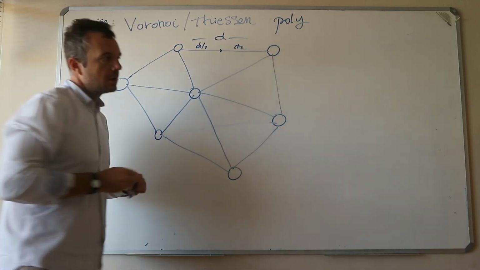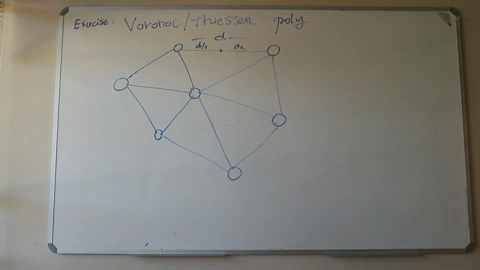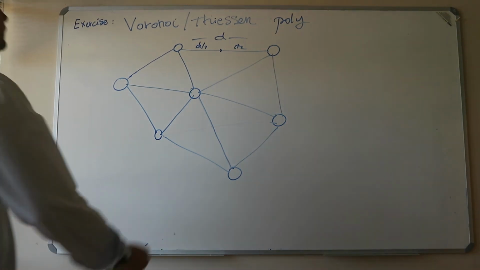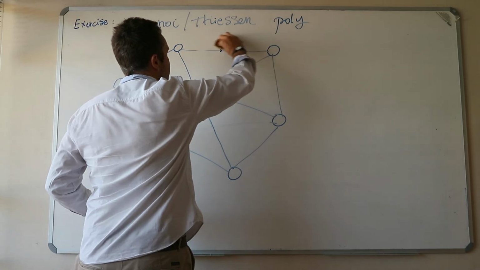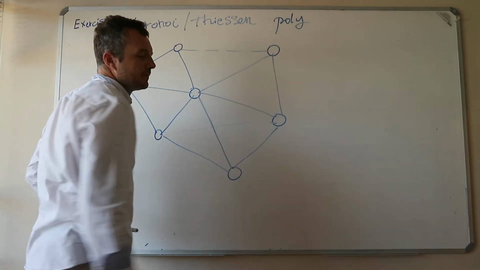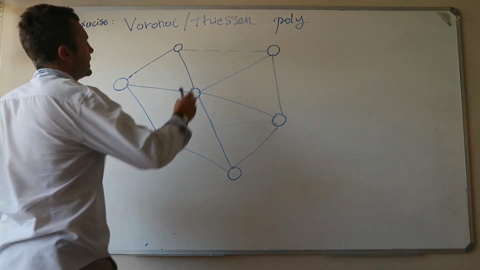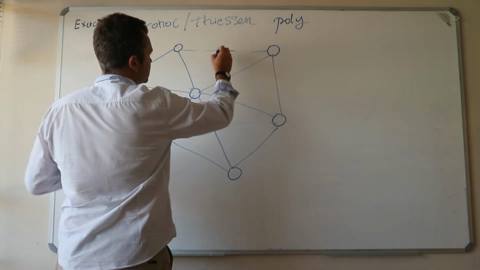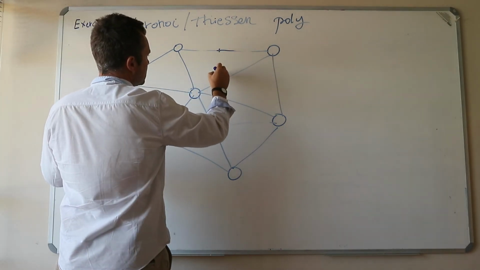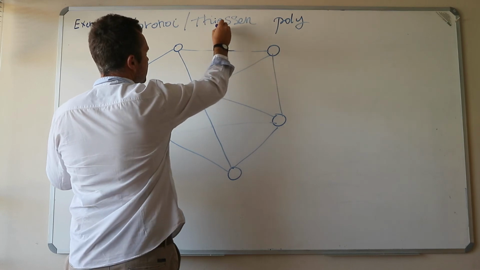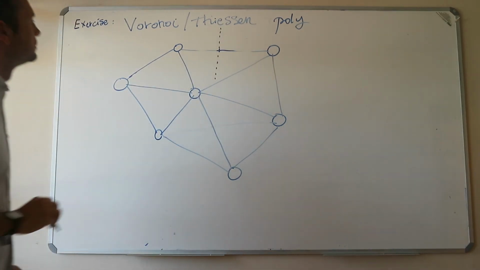And there we just draw the bisector. It's a bit confusing if you have to do it manually, but in any case we are just going to learn the basics. So this is the middle point, and this is the bisector.